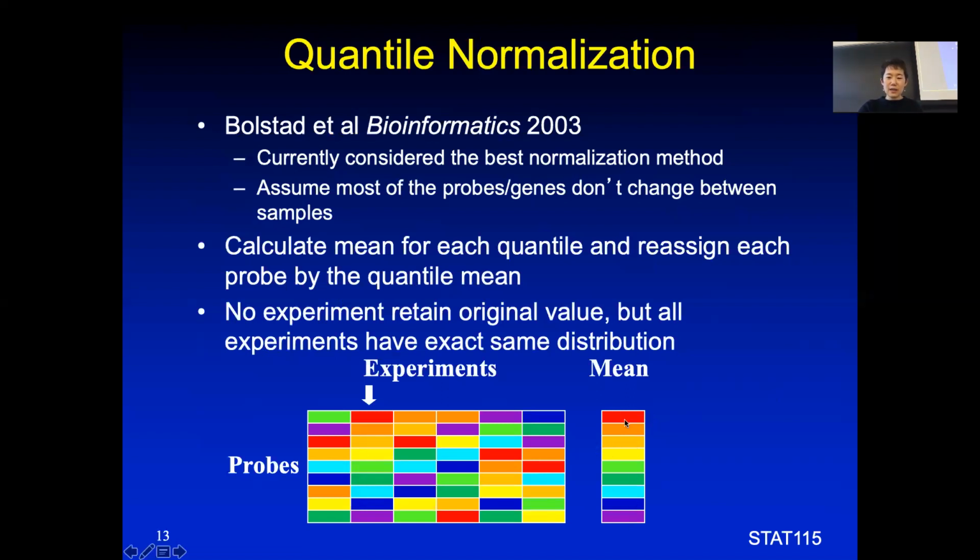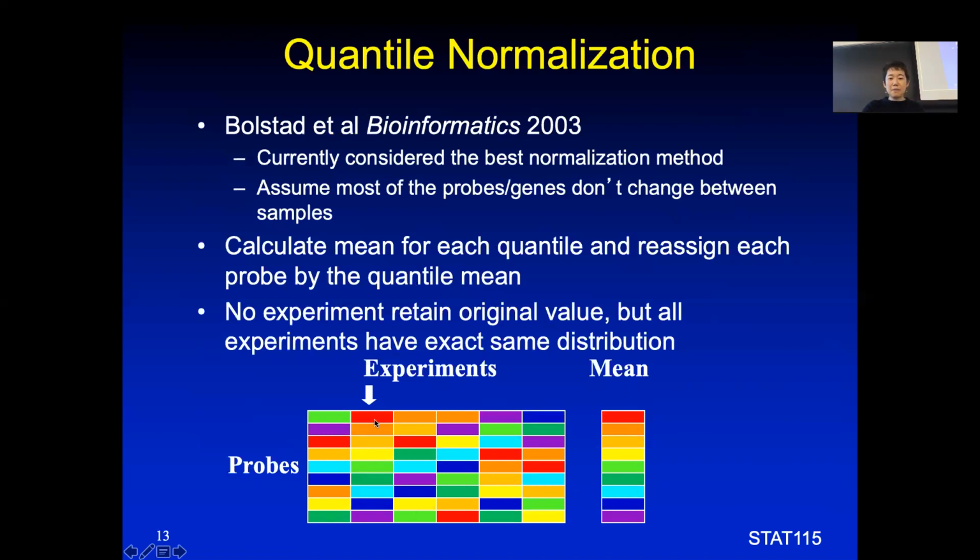Then we can use this column to replace the original data. Now the best student, instead of its original GPA, will get this mean value. The second student will get the second average. The third student will get the third average. And we use the original column to replace all of these other values. The order is different, right? So you can see this is one probe.